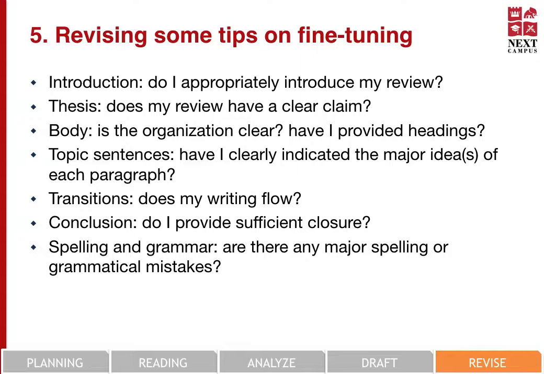Is it simple and clear for a reader to follow? Transitions: is my movement from one topic to another and one section to another logical, and can somebody follow? And finally, how is my conclusion? Does it provide a very strong and impactful closure? And don't forget to look at your spelling and grammar and make any corrections at this point.